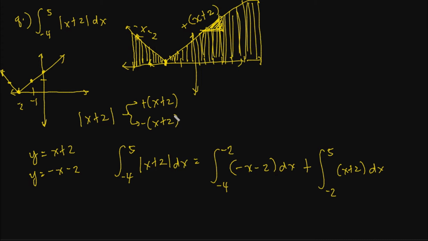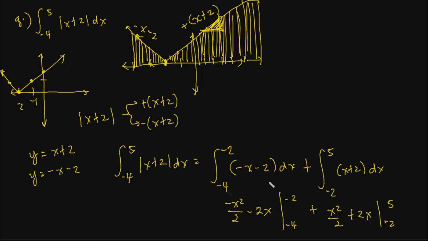So we move forward to integration, so that is negative x squared over 2 minus 2x, evaluated from negative 4 to negative 2, and then plus, of course, x squared over 2 plus 2x, evaluated from negative 2 to 5.